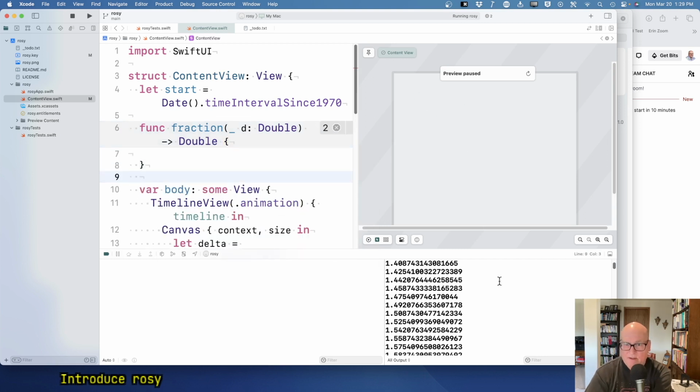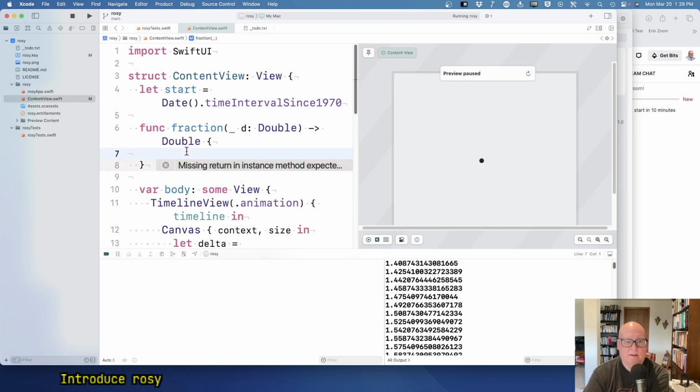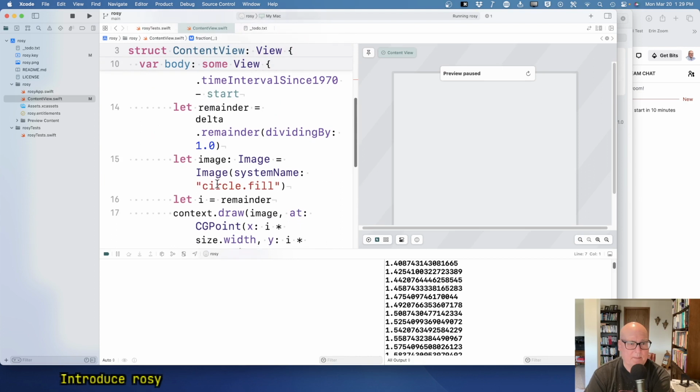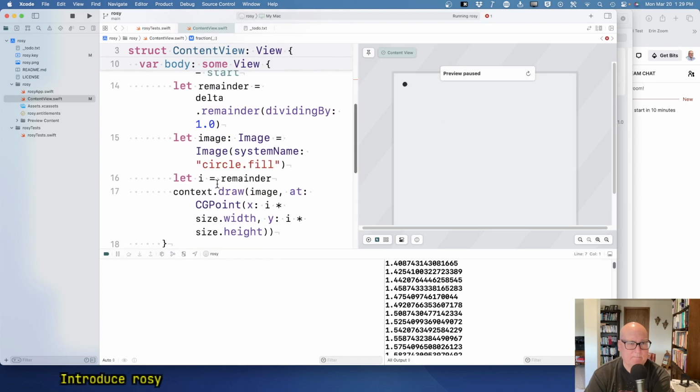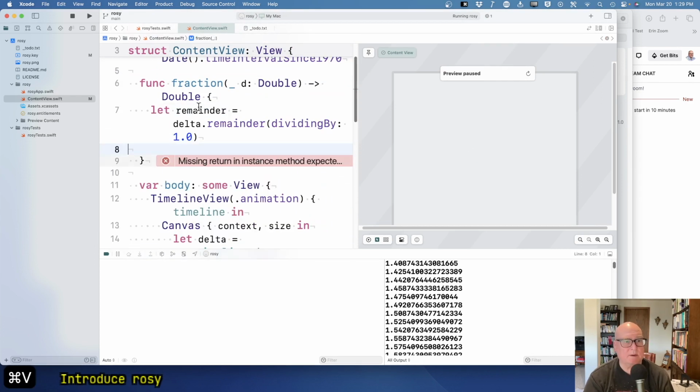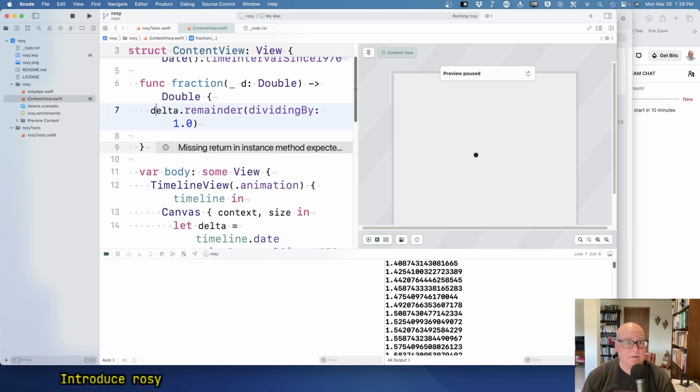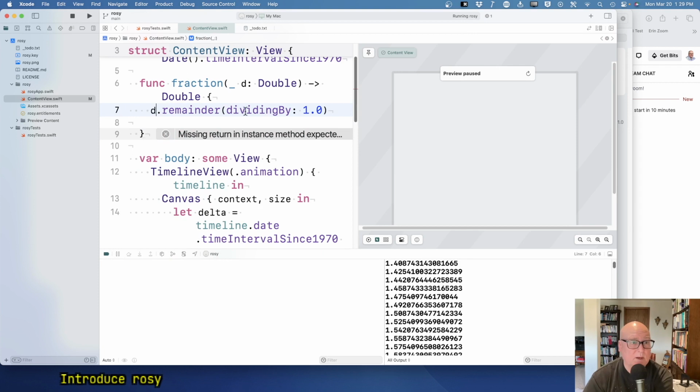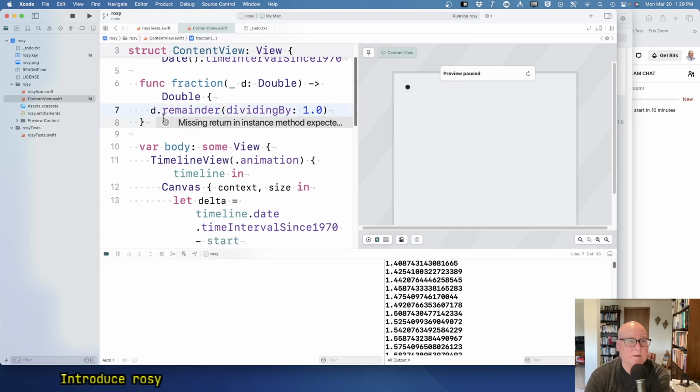Now, I'm not quite sure why it's working. We'll just return d dot remainder dividing by 1. Okay, 5.2 divided by 1 is 5. I don't know if that gets the remainder.